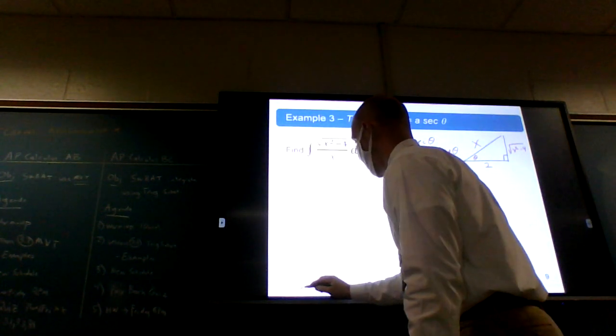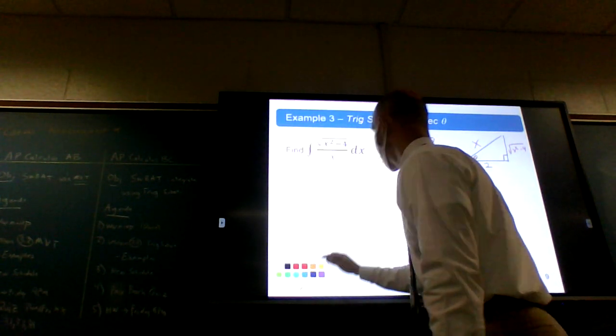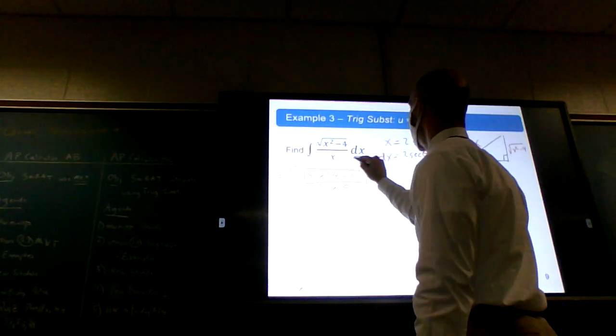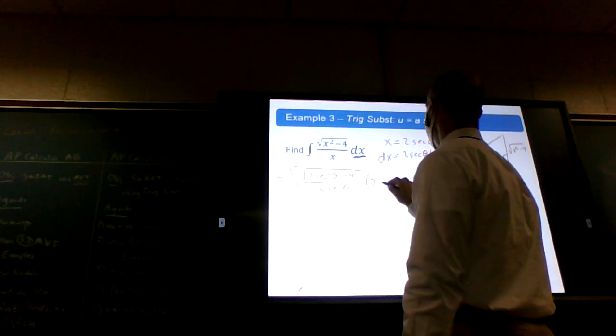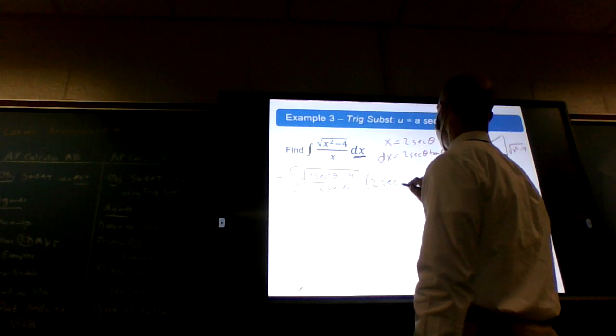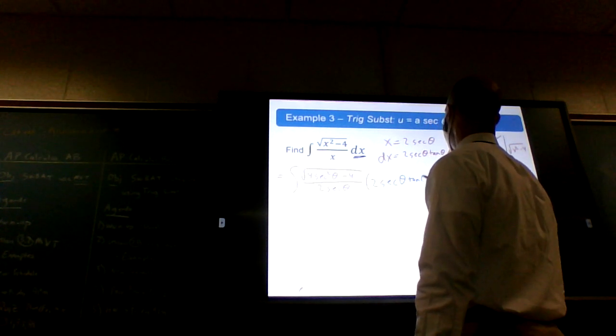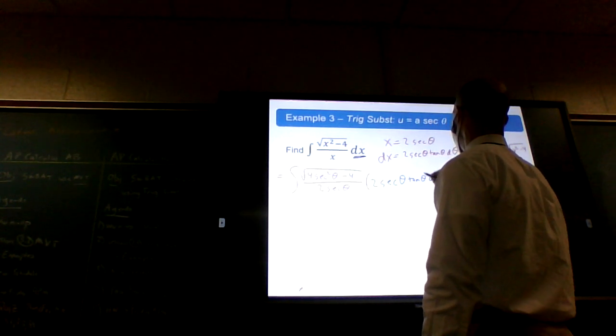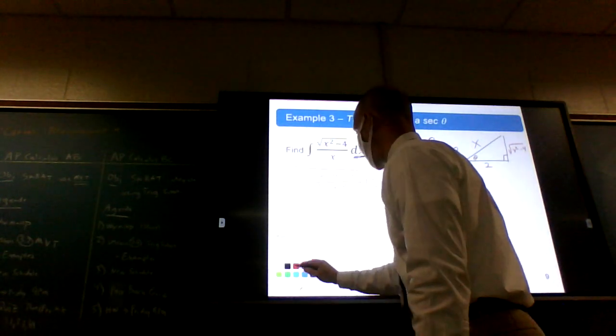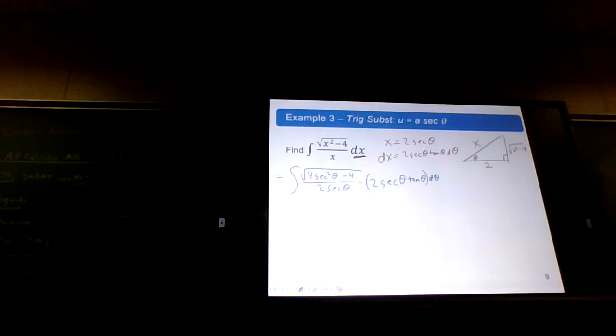Now here's the part, I'm going to put this in a different color because students tend to forget this. Don't forget this dx. You still have to put in this 2 secant theta tangent theta d theta. Okay, so all of that has to be in there. All I've done is connect the dots, if you will, and put stuff in as appropriate.